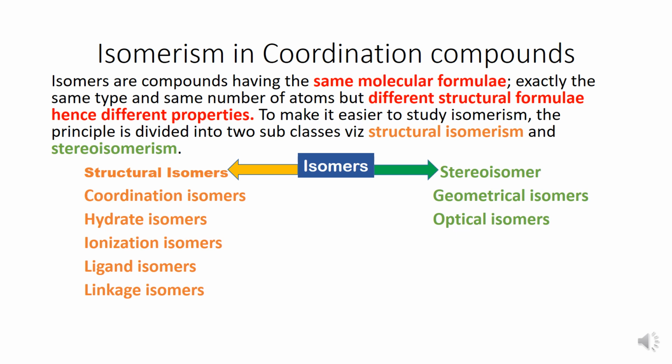The atoms are the same and the same in number, but they are linked to each other in different ways. Remember, when we discuss coordination chemistry, we talk of spatial or geometric shape. Spatial, the way the atoms are dispersed in space.